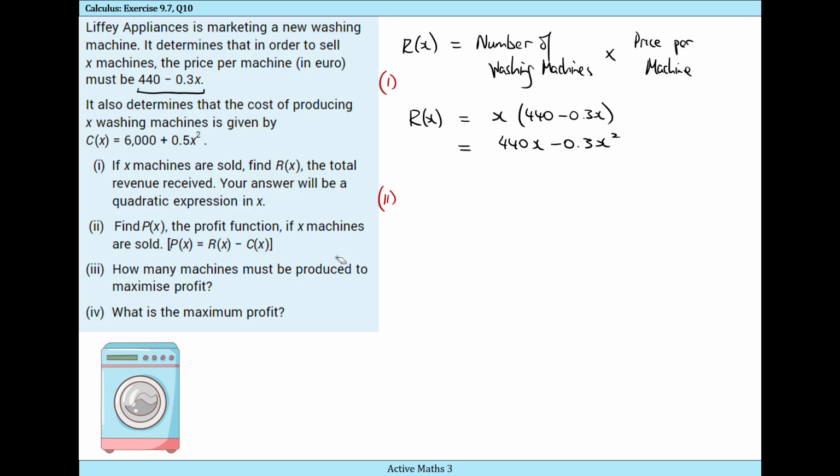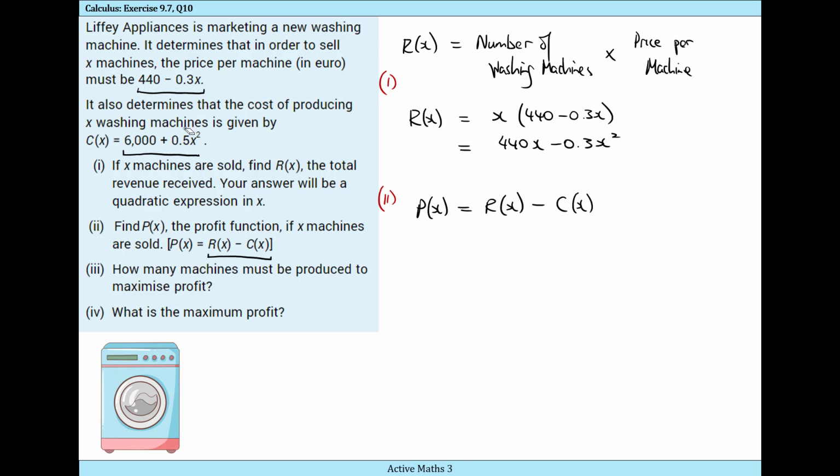Part two of the question asks us to make a profit function, p of x, and they tell us that the profit is the revenue minus the costs. So profit is the revenue, the amount of sales from selling the washing machines, minus the cost of making them. That function has been given to us: 6,000 plus 0.5x squared.